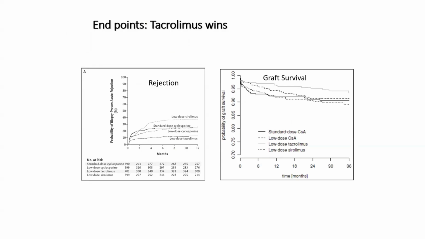You can see that with standard dose cyclosporin, you had what was previously the baseline of rejection, and then they found that even with low dose tacrolimus, it was very low. So this is why everybody uses tacrolimus universally.